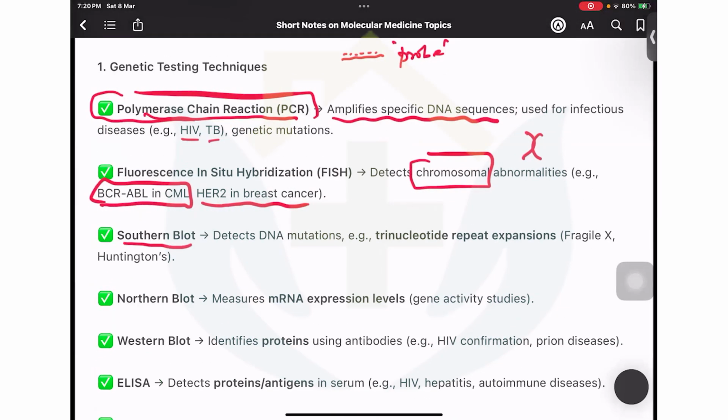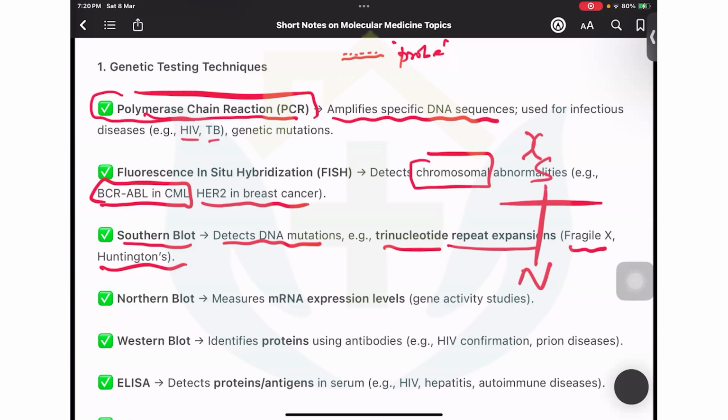Southern blot is basically for DNA, so it detects DNA mutations. For example, trinucleotide repeat expansion, like Fragile X syndrome and Huntington's disease. These are the diseases which utilize Southern blot for diagnosis. Many times this question comes: what is Southern blot, what is Northern blot, what is Western blot, what is Southwestern blot?